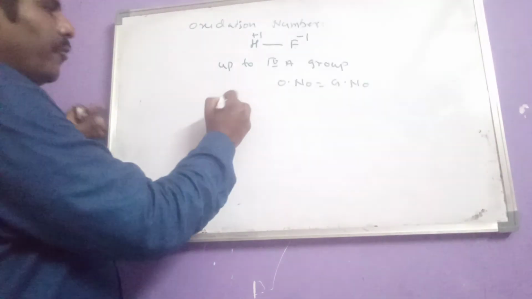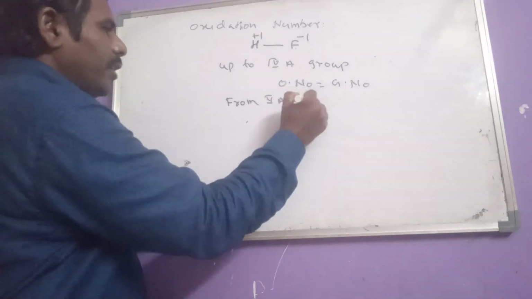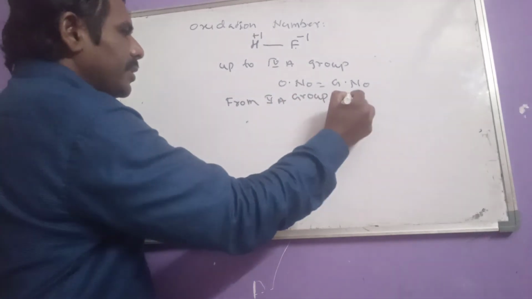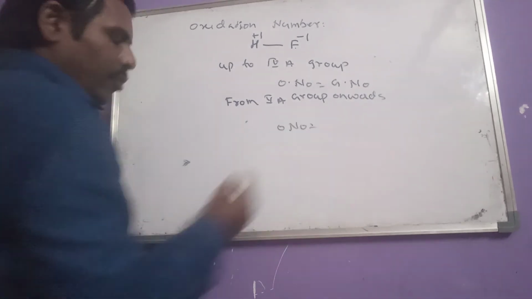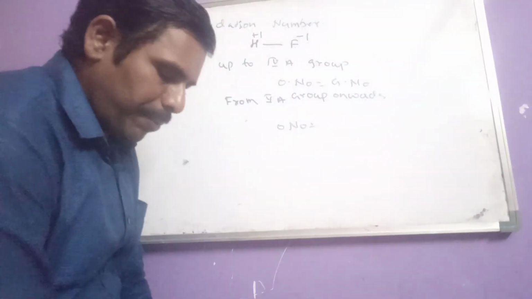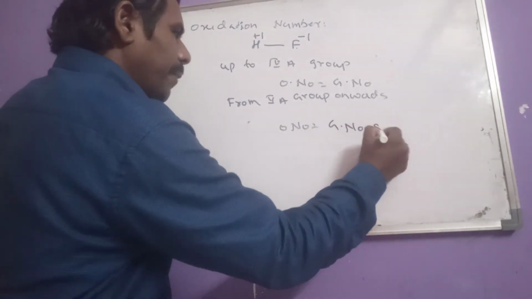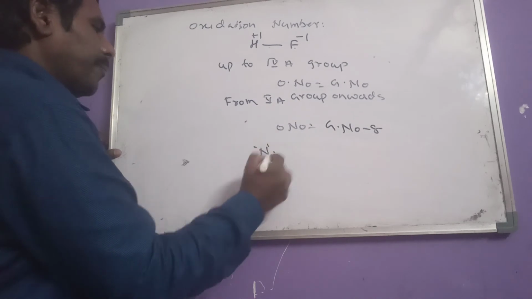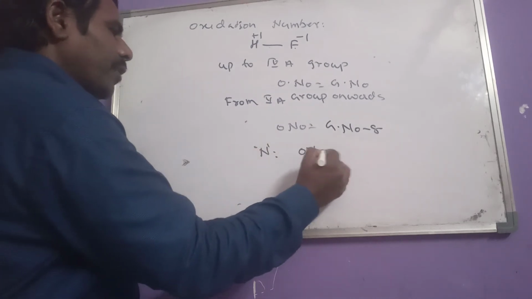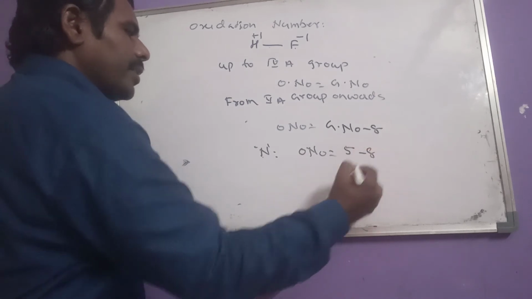Okay, then from 5th A group onwards, oxidation number equals group number -8. What is the formula? Group number -8. If you consider nitrogen, its group number is 5, so 5 minus 8.